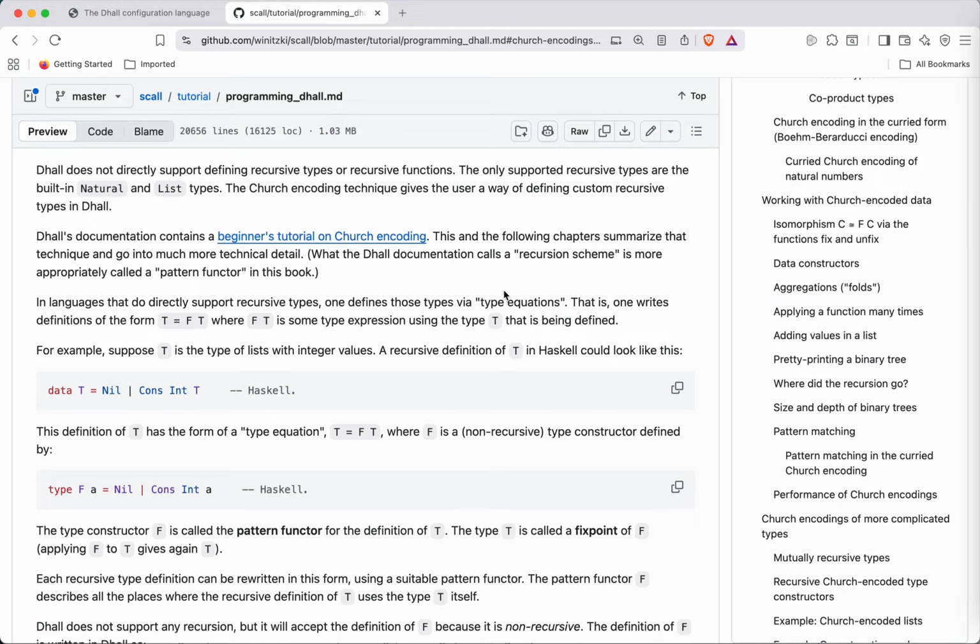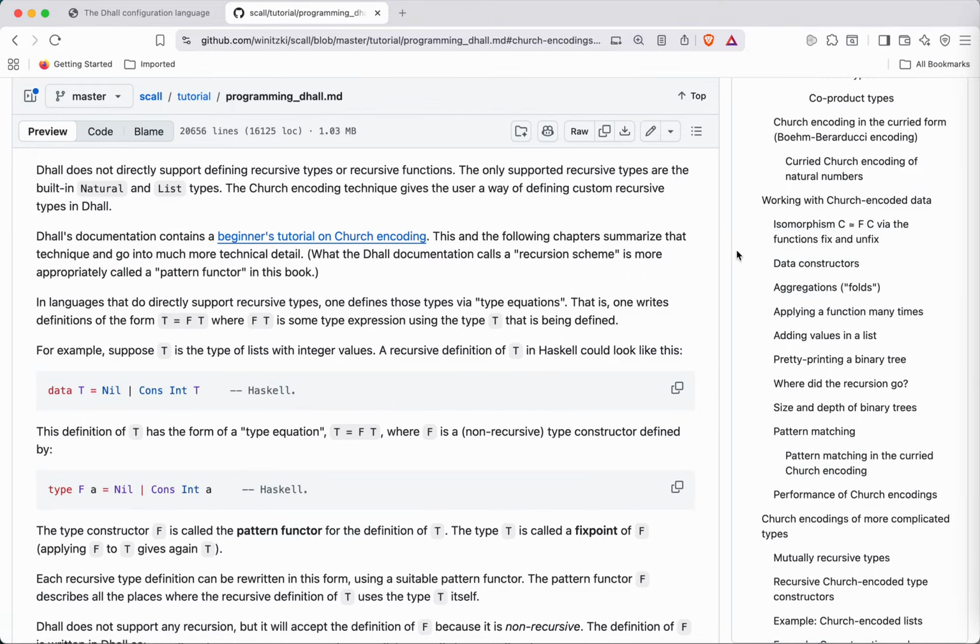So the Dhall language, or the system of omega, does not have GADTs as a feature, does not have existential types as a feature, it does not have even recursive types, it does not have say dependent pairs or something like this as a feature, but you can encode it using church encoding.